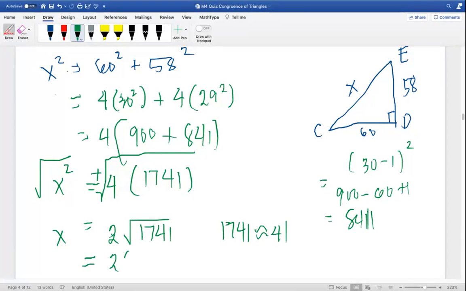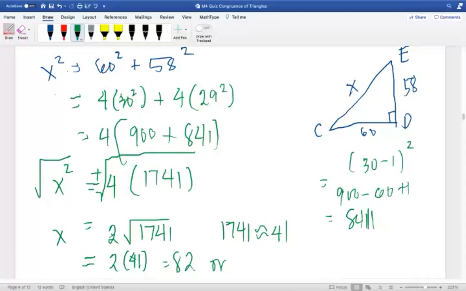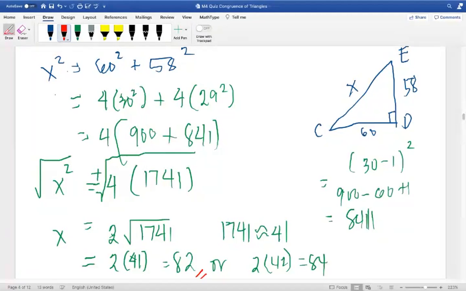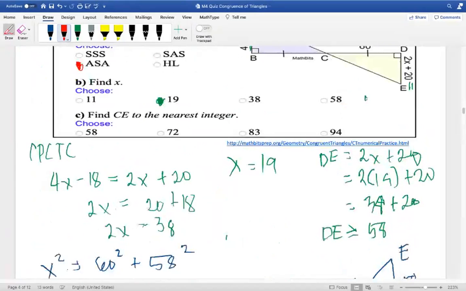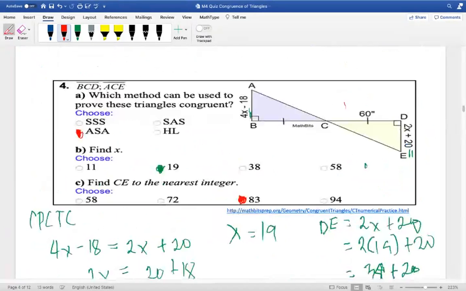If we consider 41, 2 times 41 is 82, and if we consider 42, 2 times 42 is 84. Let's see which answer is closer to the given options. It's either 82 or 84, and we have 83. So therefore, our answer is 83.